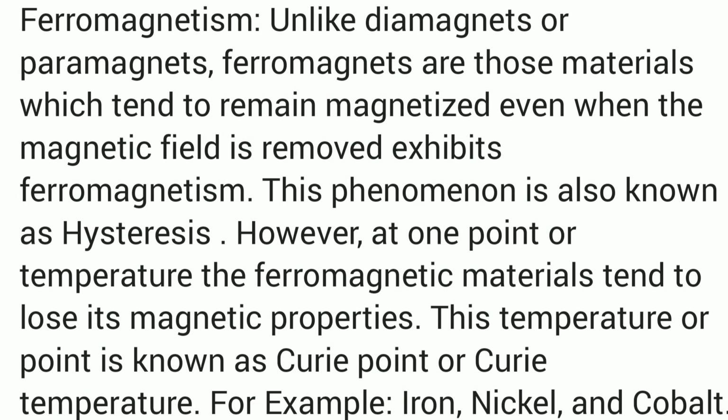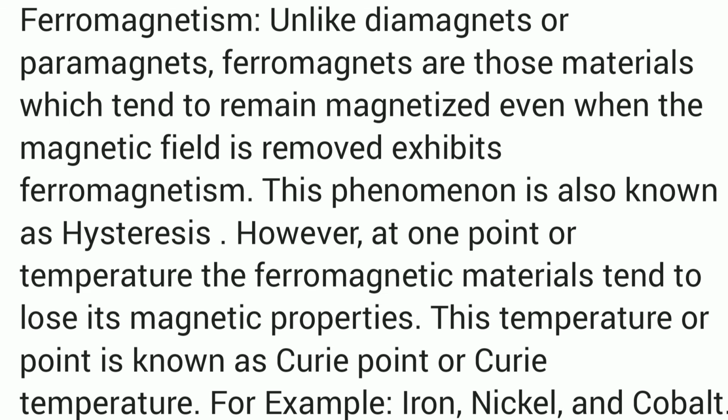Now we are going to discuss ferromagnetism. Just now we have discussed diamagnetism and paramagnetism, which tend to lose their magnetic properties as soon as the external magnetic field is removed. But in case of ferromagnetism, the ferromagnetic materials do not lose their properties of magnetization. They tend to remain magnetized even when the external magnetic field is removed.